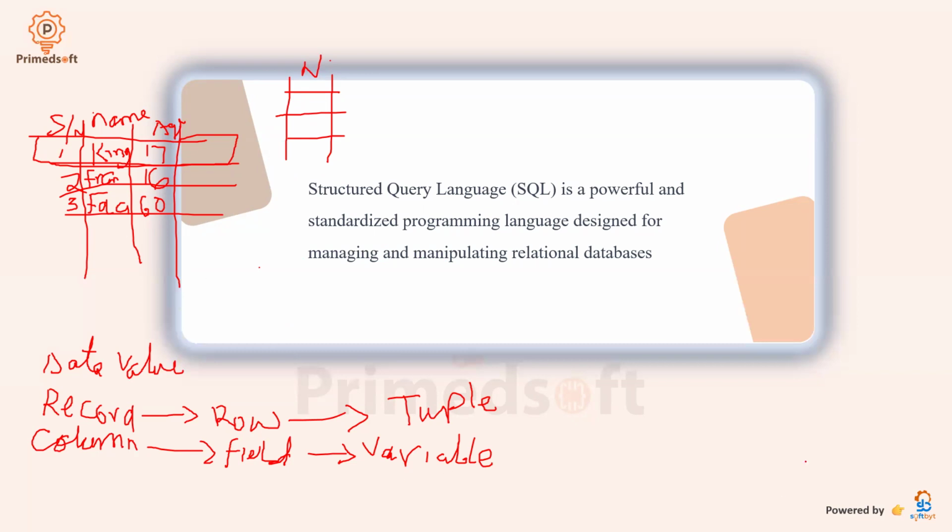A combination of rows and columns, or records and fields, gives us a table. And what is another name for table? Another name for table is entity.